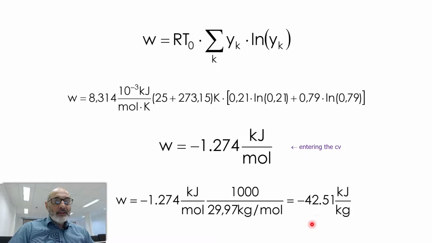This means that if you want to separate oxygen from 1 kilogram of air, you're going to spend 42.51 kilojoules. That's what this number means.